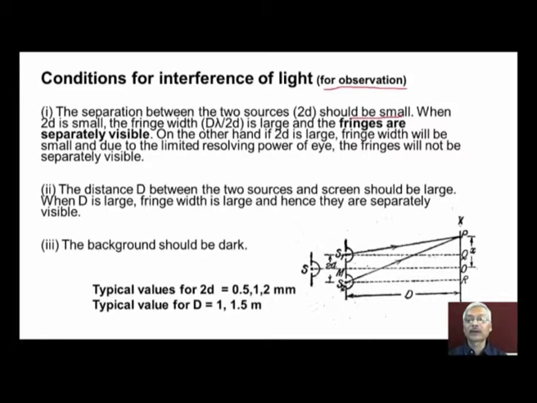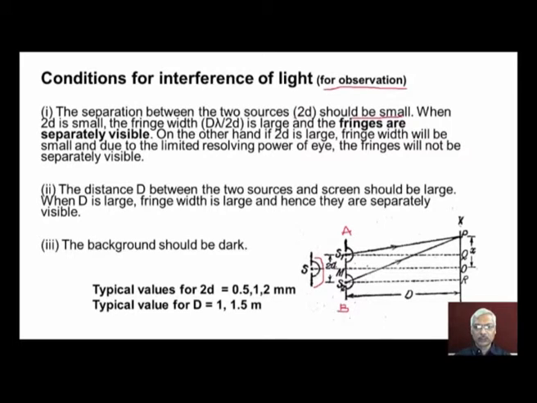Now from this diagram we can understand that we have a light source S from which we are getting the primary wavelets, and in the screen AB we have two pinholes S1 and S2 separated by a distance 2d.